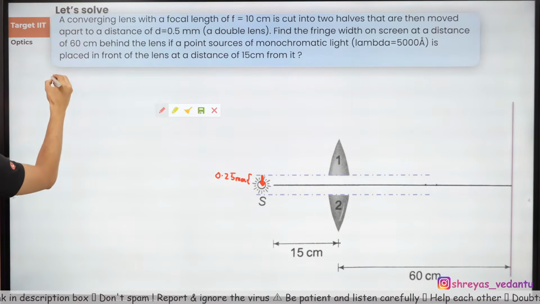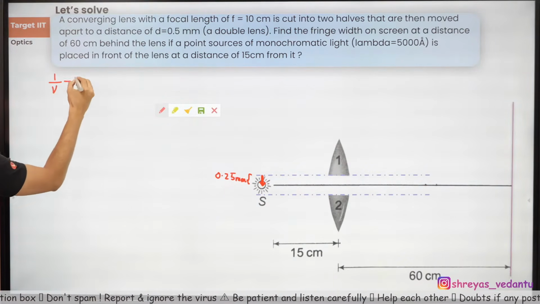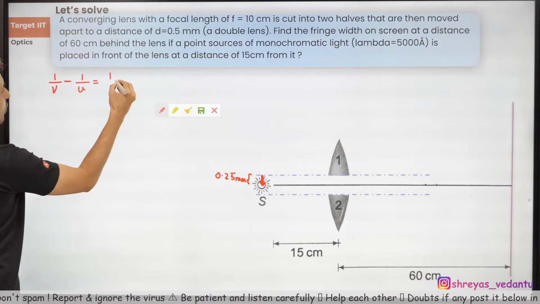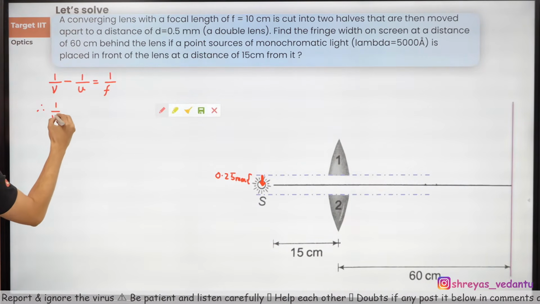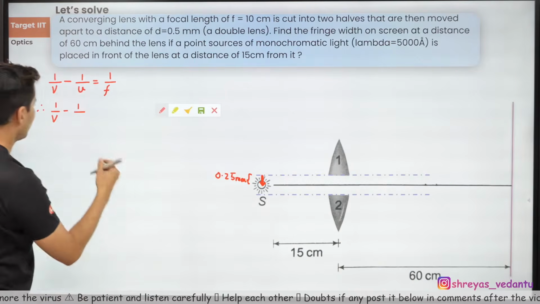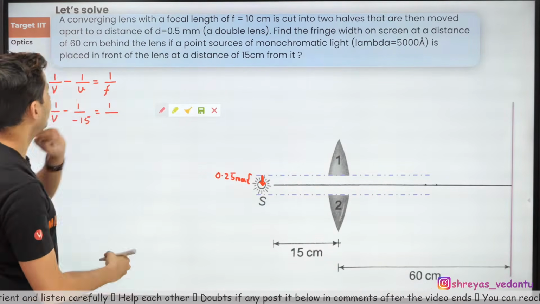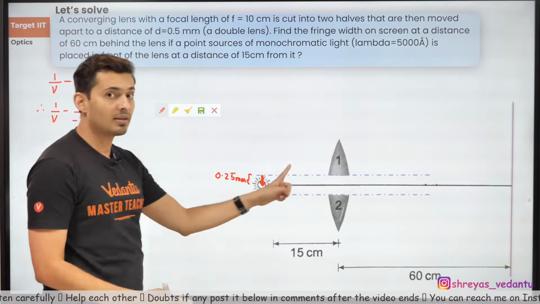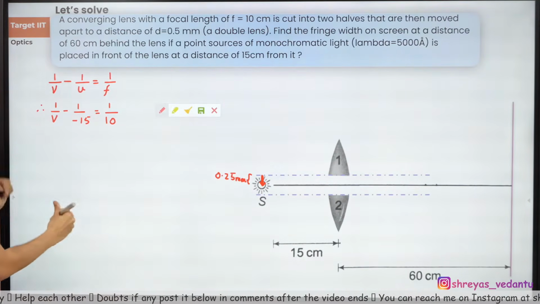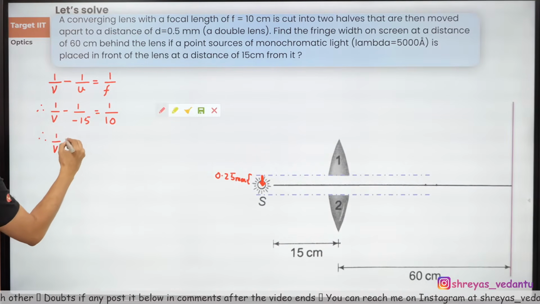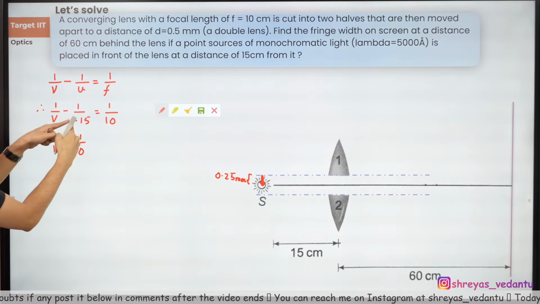Okay, let's do this. So 1 by V minus 1 by U is equal to 1 by F. Therefore 1 by V minus 1 by U. U is minus 15. And focal length, what is the focal length given? Focal length is 10 centimeter, plus 10 because it's a convex lens. So this will be 1 by V is equal to 1 by 10, minus minus plus.